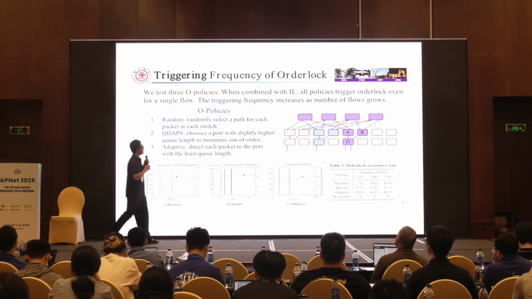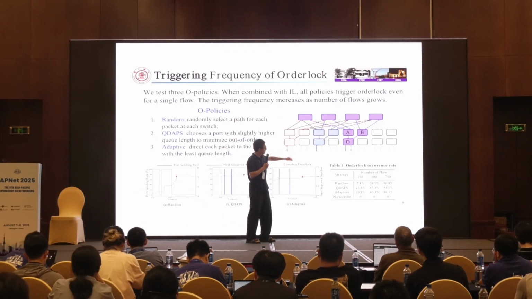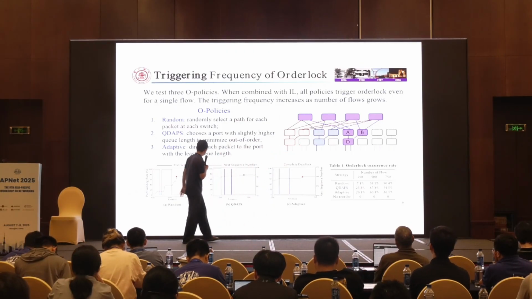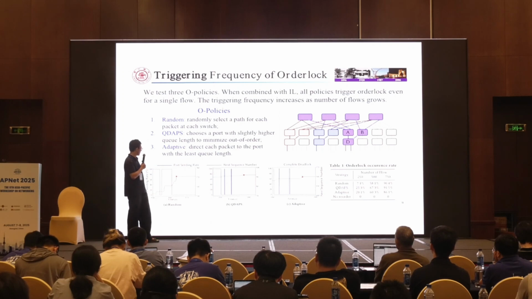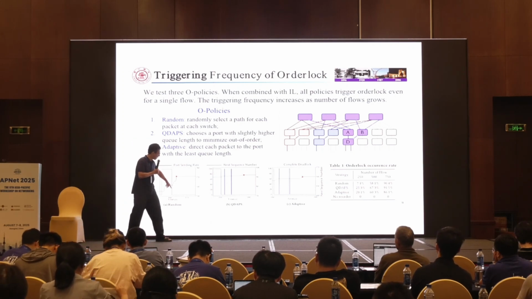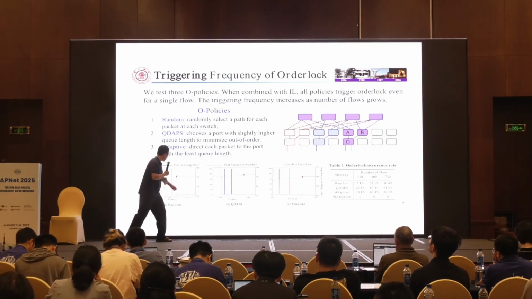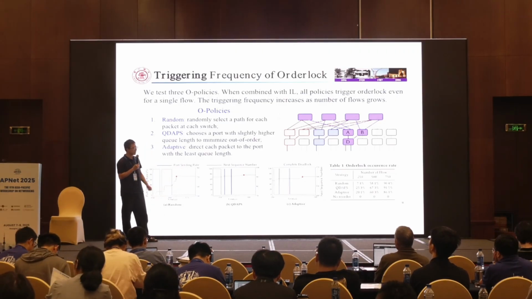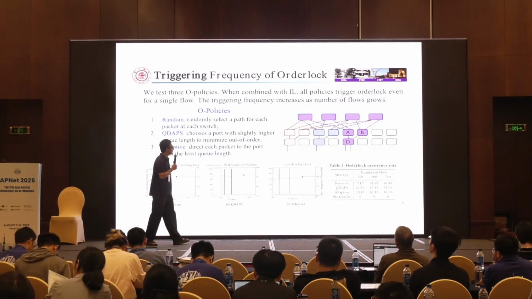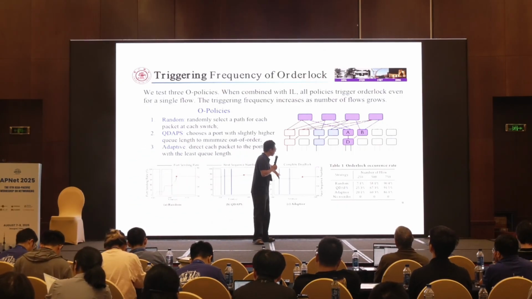Here is the topology we use for simulation. We can see that for all these three policies, eventually the sending rate drops to 0. This means order lock happens. This is just a one flow experiment.